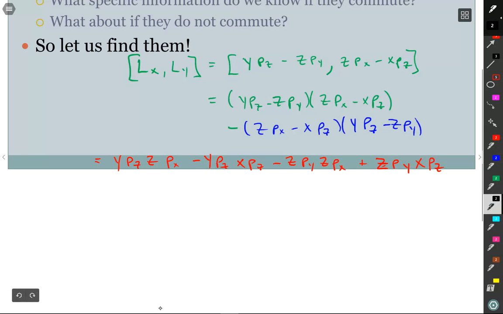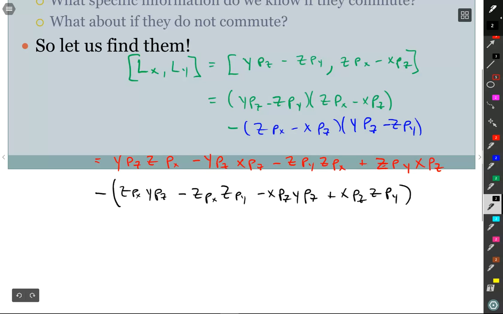And now we have to subtract z px y pz, minus z px z py, minus x pz y pz, plus x pz z py. Feeling good? We're now past the hump. Now we have to simplify. So let's simplify.